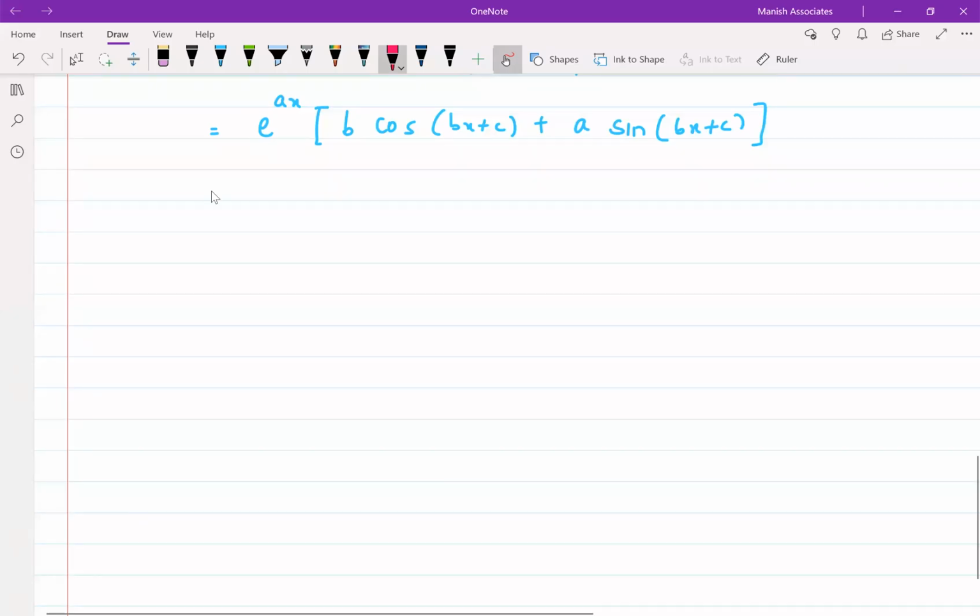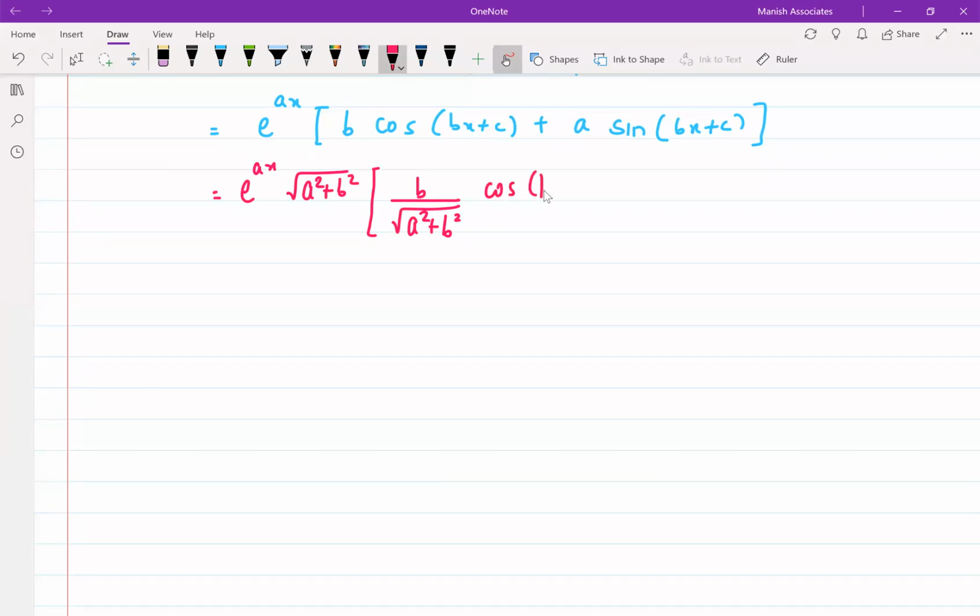Now, it's a very, very interesting step from here. I will multiply and divide by root of a square plus b square. So I'll get here b upon root of a square plus b square plus a upon root of a square plus b square.